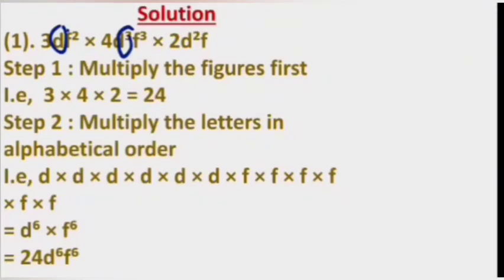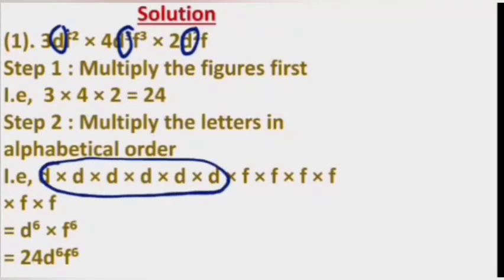Then the other one has d squared. So when you expand them, 1d, 3d plus 2d, altogether gives us 6d. You expand them out, d times d times d times d, and so on. So we have d to the power 6.